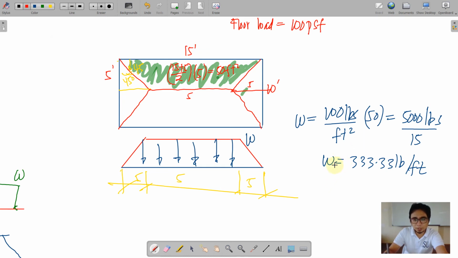So I would like to reiterate, or just presenting the solution, that this is wrong, because again 5,000 here came from a trapezoidal area and then linearly divided by 15. We cannot divide it linearly because this is not uniformly distributed all over the length.